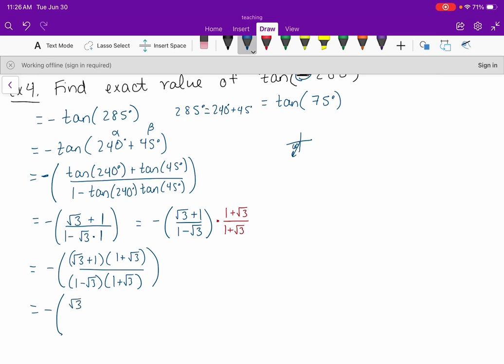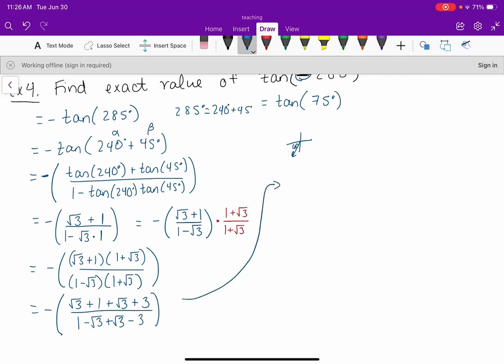I get square root 3 plus 1 plus square root 3 plus 3. Make sure I wrote all that right. So square root 3 times 1, and then 1 times square root 3, 1 times 1, square root 3 times square root 3. I did a little bit of a weird order, but at the bottom I get 1 minus square root 3 plus square root 3 minus 3.